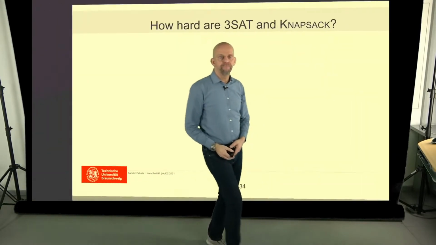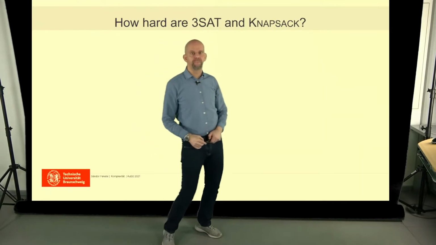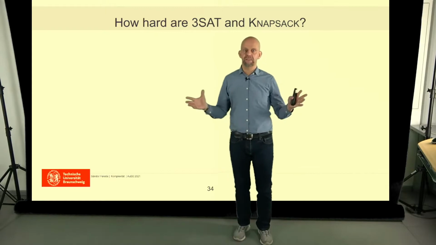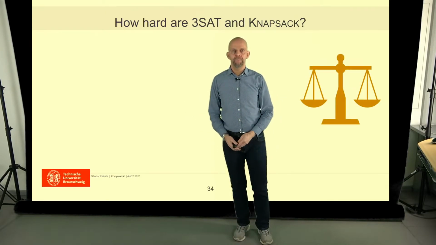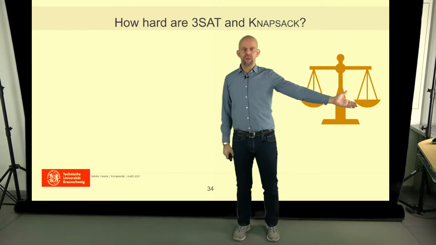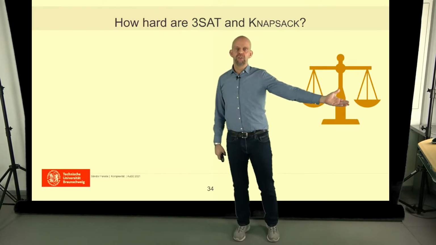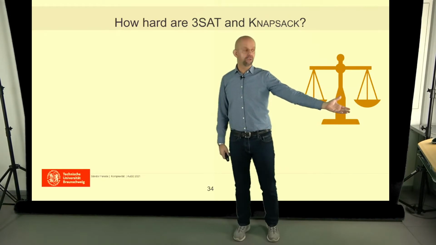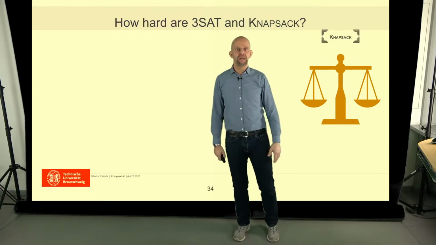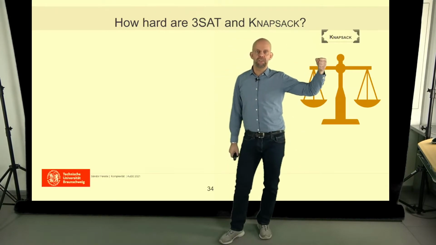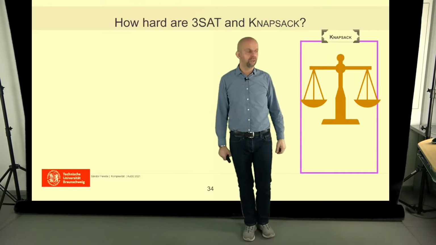And how hard are these? That's a crucial thing. Suppose we have this magic oracle that is able to tell us whether this instance is solvable or not. For knapsack, here we are.